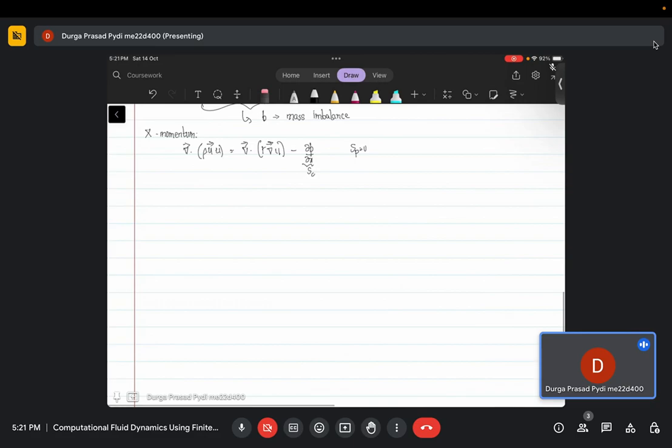You integrate, apply the Gauss divergence theorem, and then you come up with F east, which is F at i plus half, j times u at i plus half, j, and similarly north and south.